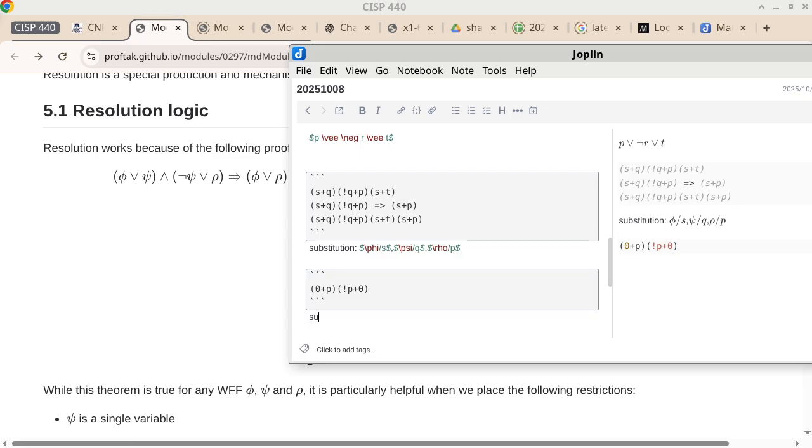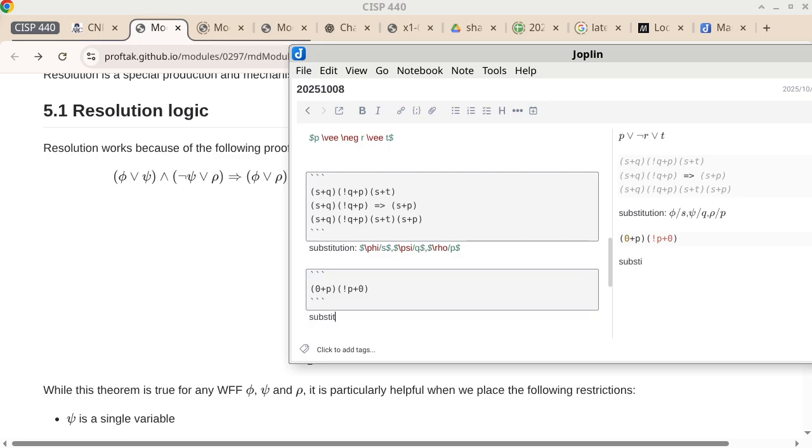It does work. So the substitution is going to look like this. We want phi to be replaced by false. Nobody says I cannot replace a Greek letter with a constant, right? Constants are allowed.